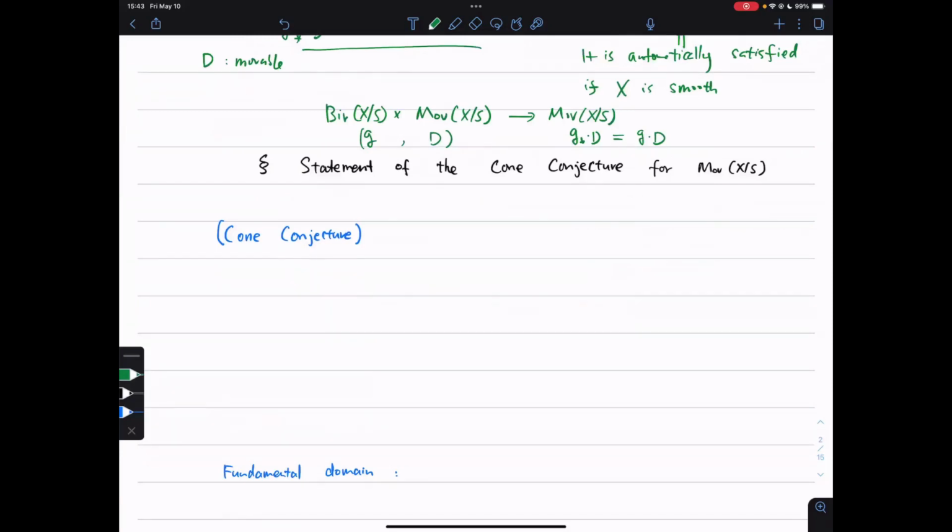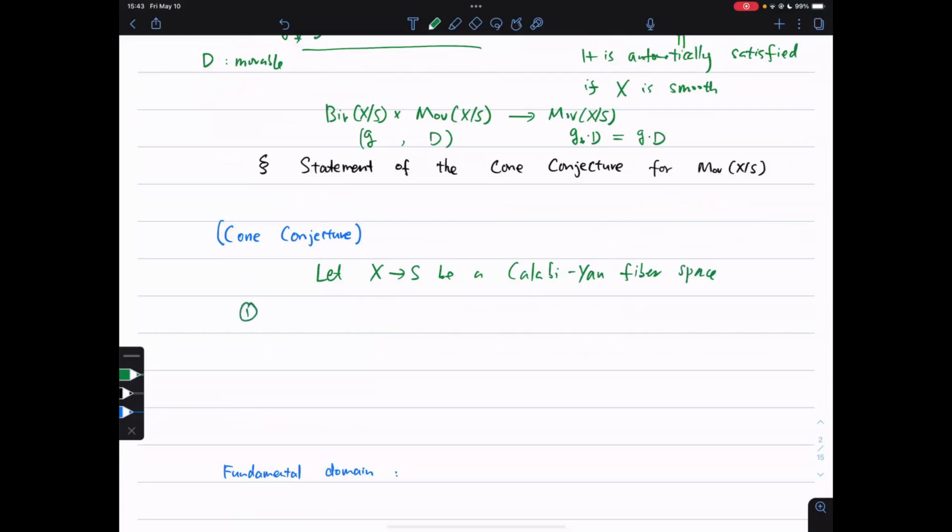So this is the statement of the cone conjecture, and we are working with Calabi-Yau fiber spaces. So let X over S be a Calabi-Yau fiber space.